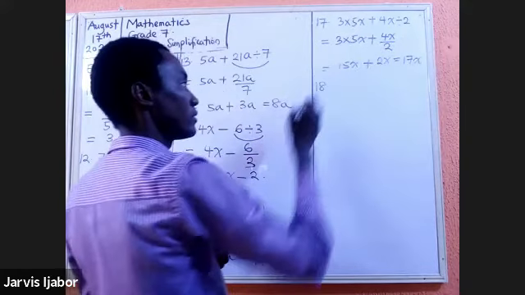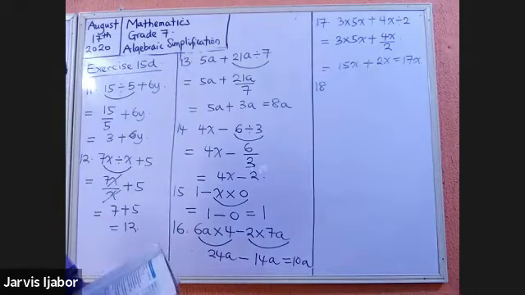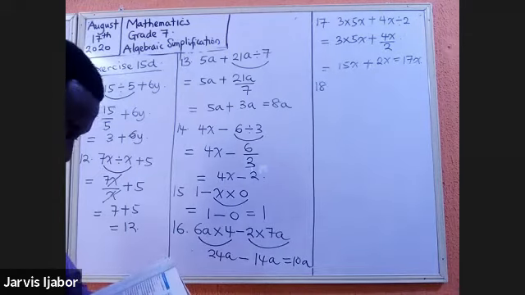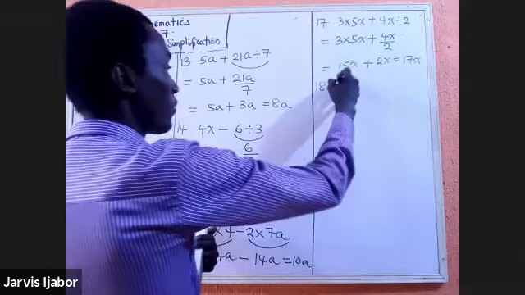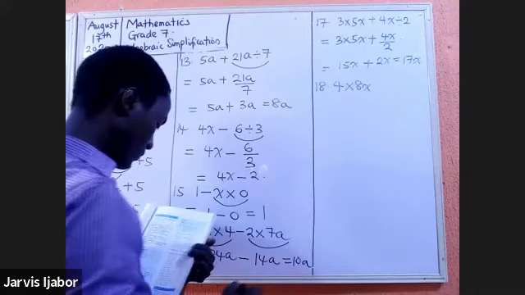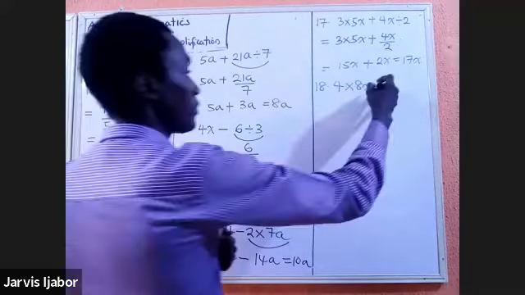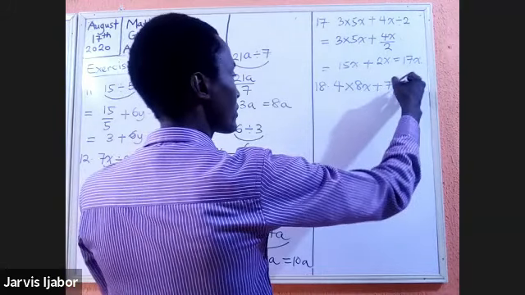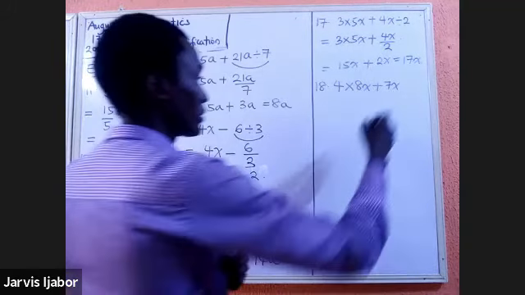18. So question 18. 4 times 8x plus 7x times 3.